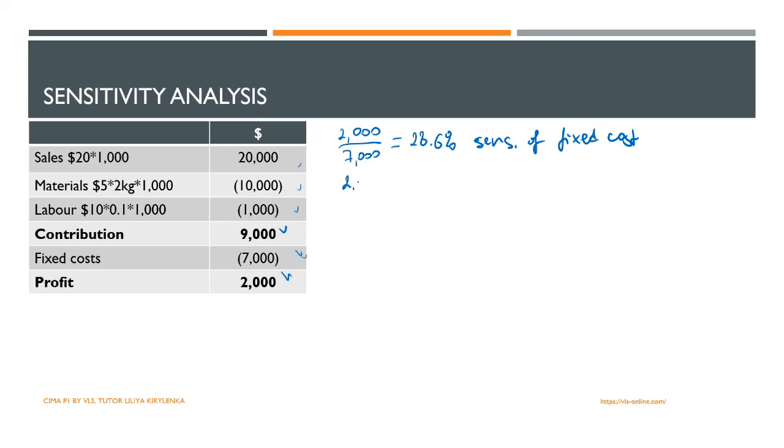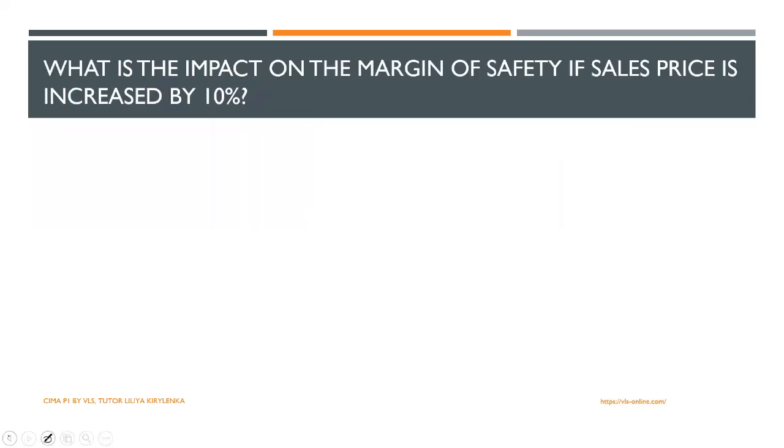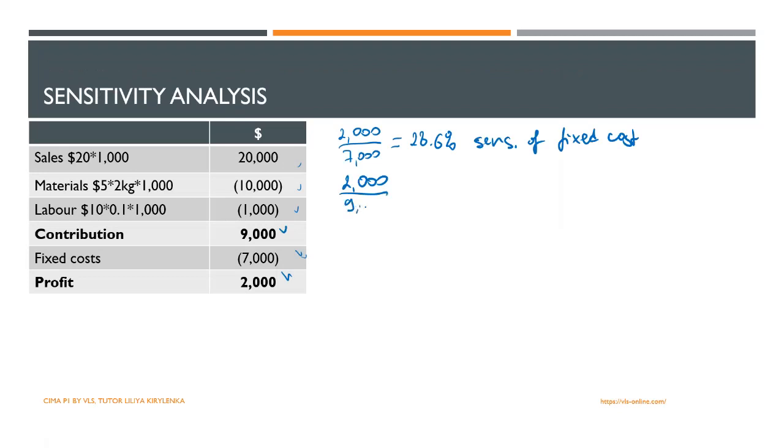So we will divide 2,000 by 9,000, which is the value of the contribution. So it's going to be 22.2%. And that is the sensitivity to volumes, because volumes impact contribution.